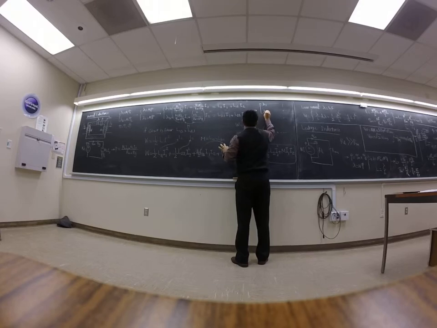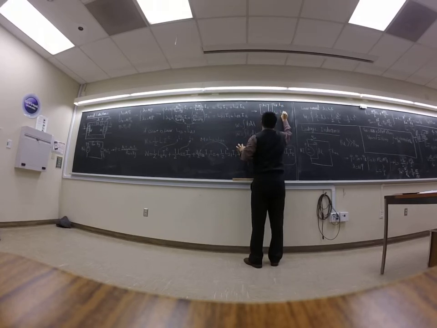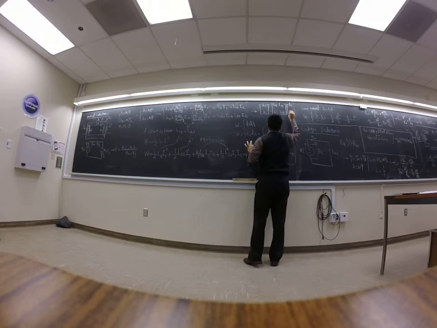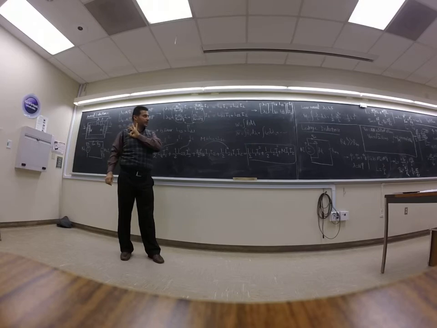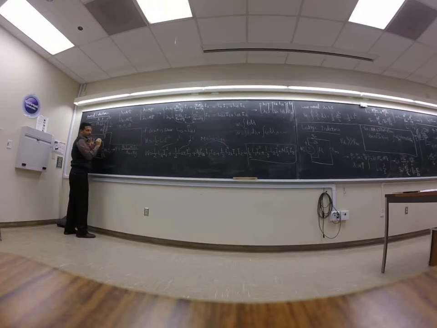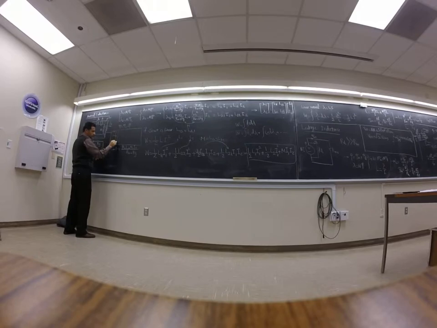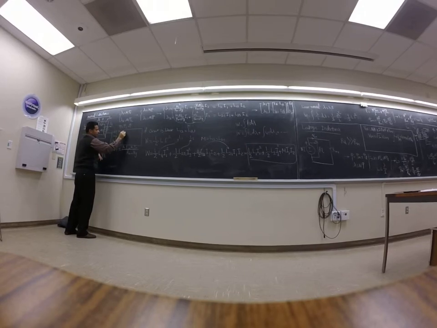Lambda 1, lambda 2, and if you have 3 windings, lambda 1, lambda 2, lambda 3, equals the matrix L11, L12, L13, L21, L22, L23, L31, L32, L33.